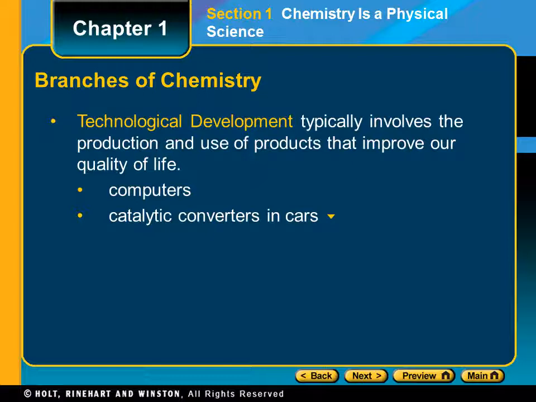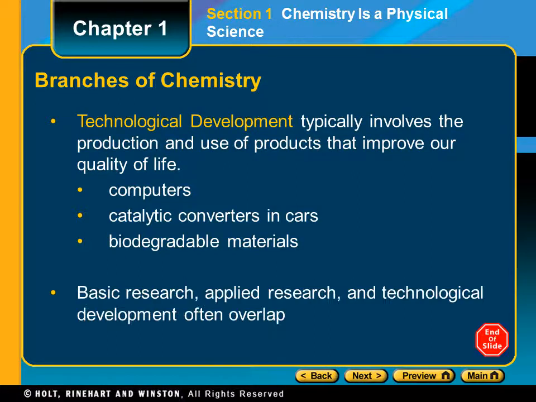Catalytic converters in cars would be another example, and a catalytic converter in a car is something that actually creates a chamber for more chemical reactions and processes to take place. Biodegradable materials that we can use in processes and plants and places are another. And so what this means is when we look at basic research and define it, applied research and define it, and technological development, we can see that usually there's a lot of overlap, and very often one will lead to the other.